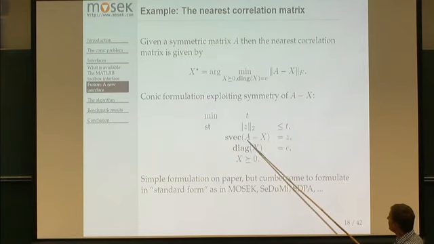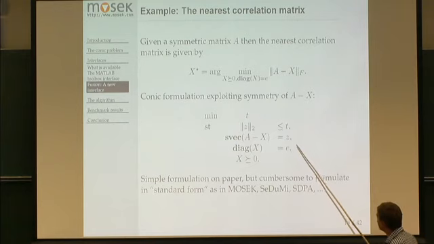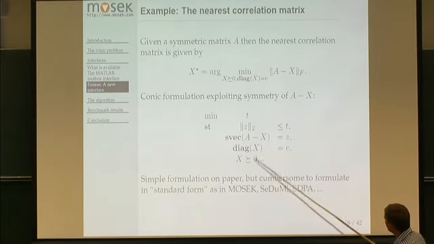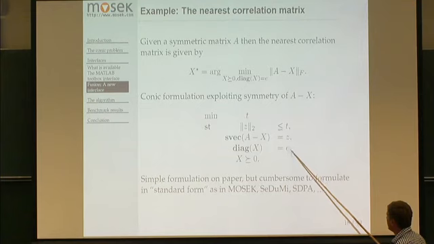And what we write here by S-weight essentially means we vectorize this, and then we take the lower triangular part, and then we set that equal to z. And then we say the diagonal of x has to be equal to e, that is the vector of all 1.